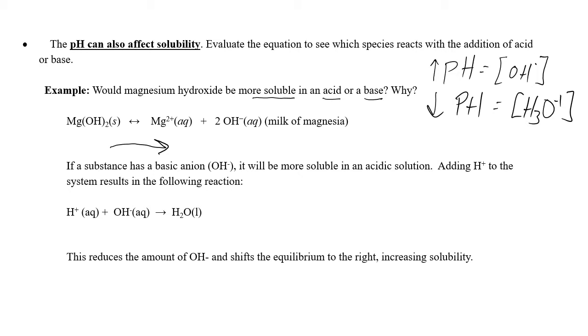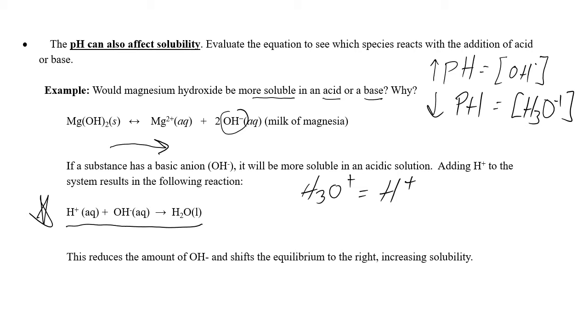Let's try to understand why. Let's look at the reaction. If you added acid or reduced the pH, you're essentially adding hydronium, which is H plus. And the hydronium will react with the hydroxide ions according to the following reaction.